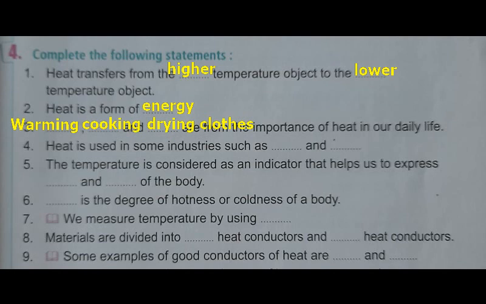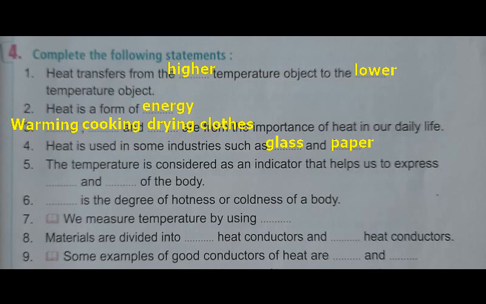Warming, cooking, and drying washed clothes. Number 4. Heat is used in some industries, such as glass and paper.